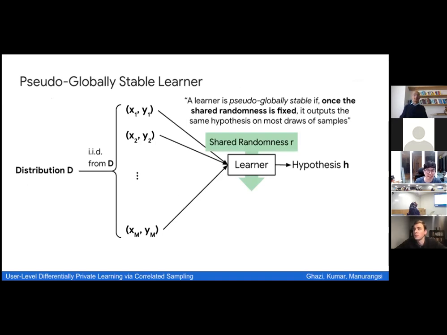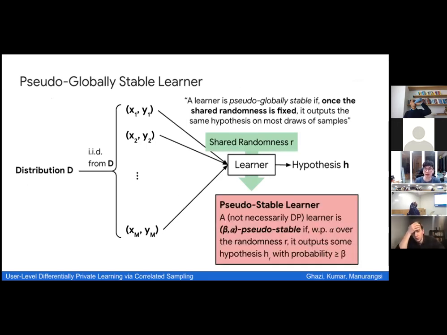And we say that a learner is pseudo stable if, roughly speaking, once the shared randomness is fixed, it becomes stable. More precisely, we say that it's (beta, alpha) pseudo stable if, with probability alpha over the randomness R, it outputs some hypothesis H with probability at least beta.